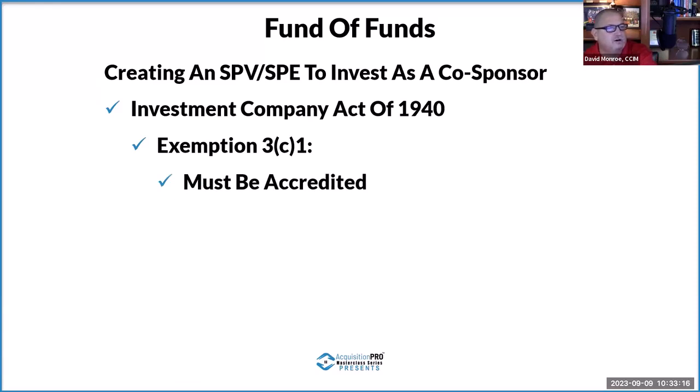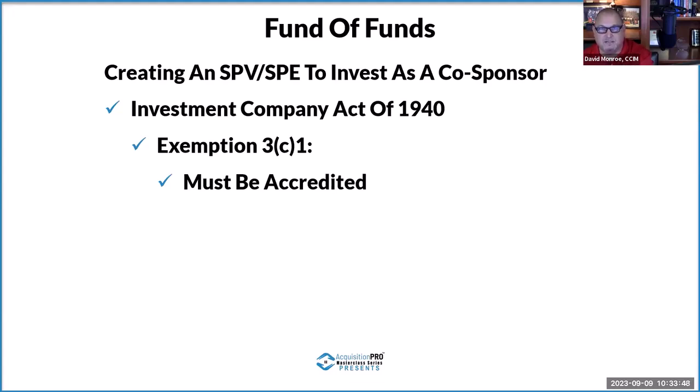So under 3C1, in order for you to be exempt as an investment company, all your investors must be accredited. So if you are doing a fund of funds, that means if you're raising capital in your LLC, so you have a manager managed LLC, so you have both members and managers, all your members must be accredited.